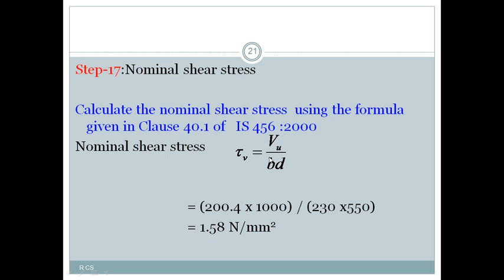Tau V is equal to Vu by bd. Vu is already calculated, 200.4 kilonewtons, converted into newtons by multiplying by 1000. With b as 230 and d as 550, the nominal shear stress value is 1.58 Newton per mm square.